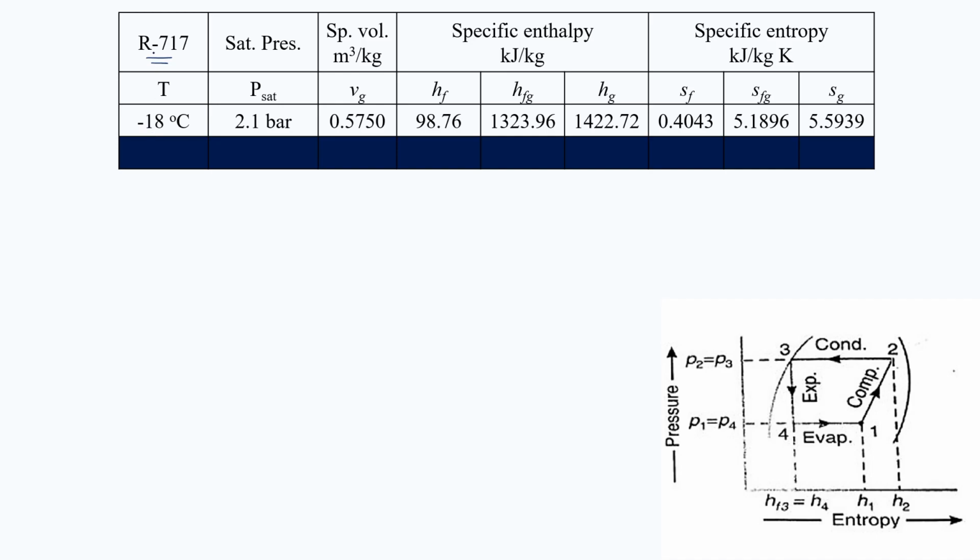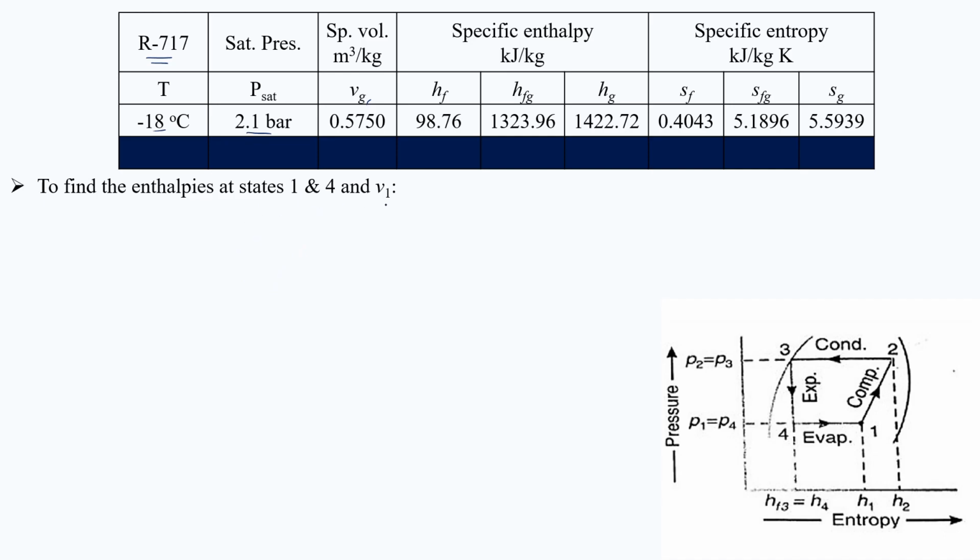That is, we just searched the refrigerant table of ammonia, and by trial and error we found that at minus 18 degrees Celsius, the saturation pressure of the refrigerant is nearly 2.1 bar. So we are taking the values at minus 18 degrees Celsius as the values corresponding to 2.1 bar, and we are taking the values of vg, hf, hfg, hg, sf, sfg, and sg. That is the evaporator conditions.